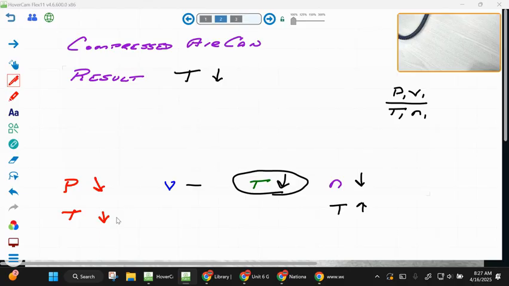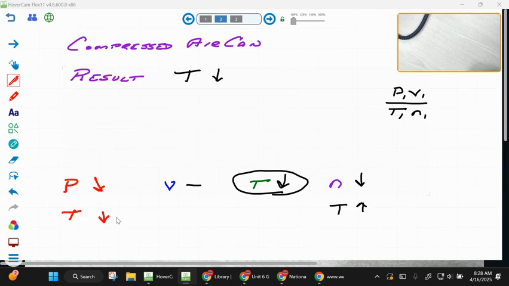The only change that amount of gas can do to temperature on its own is to increase it. That can did not get hotter. That cannot be what caused this change. This is the change that we know happened. Okay? It had to be caused by this over here. Questions?